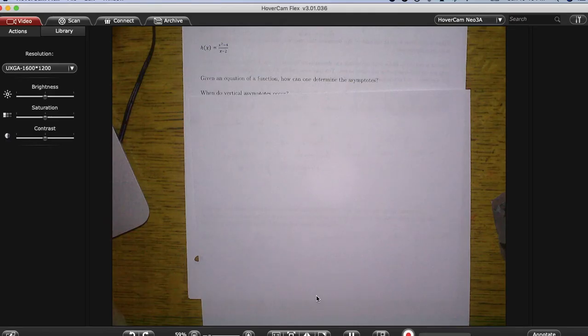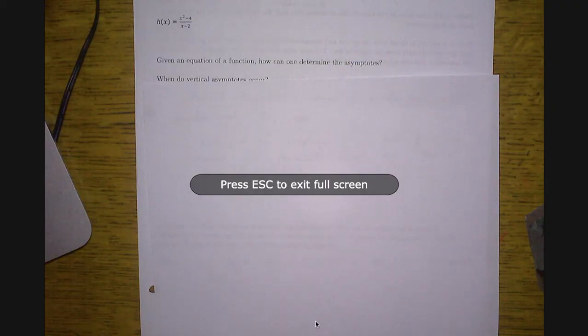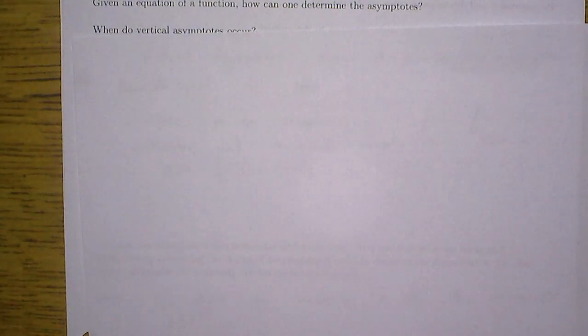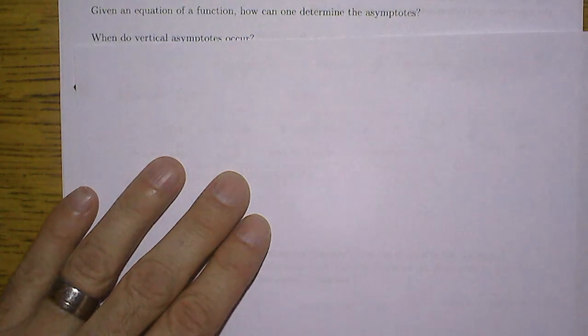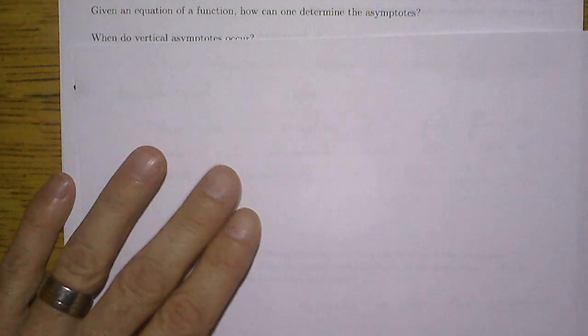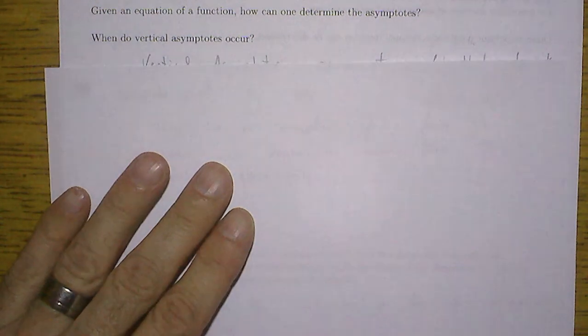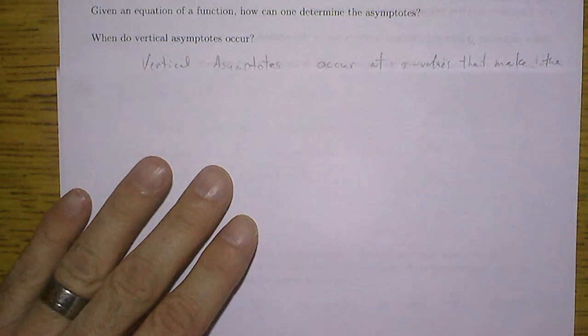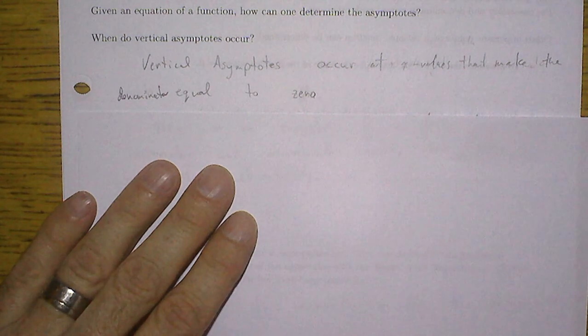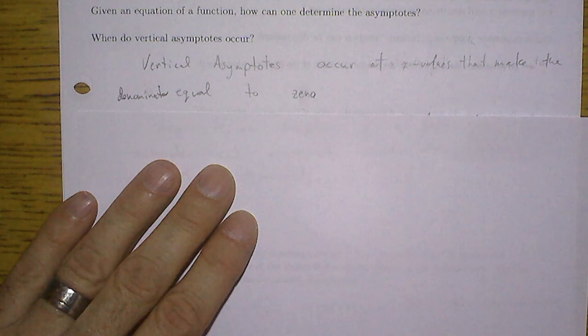So let's switch programs and start asking and answering some fundamental questions. Given an equation of a function, how can one determine asymptotes? So when do vertical asymptotes occur? Well, vertical asymptotes occur at the x values that make the denominator equal to 0.